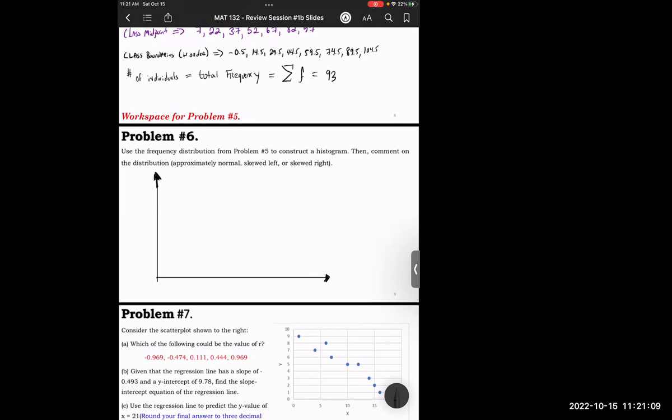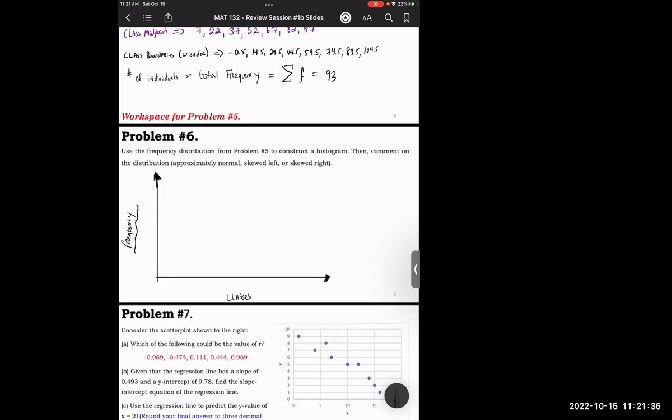The one that's going vertically, what typically goes there? The classes or your frequency? Frequency. Yeah. So on the vertical axis, we have our frequency. On the horizontal axis, we have our classes.